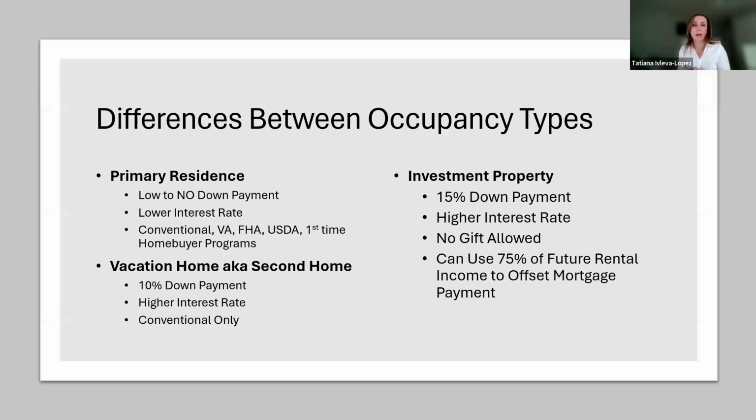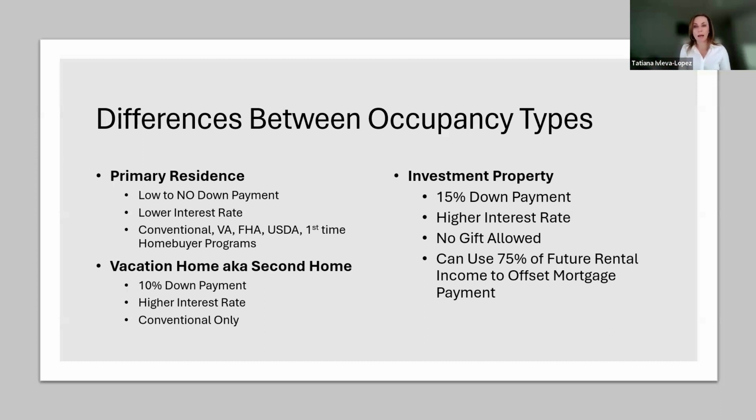When someone is buying an investment property, we could use 75% of future rental income to offset that mortgage payment. So let's say your mortgage payment is going to be $2,000 and the future rental income is going to be $2,000 as well.